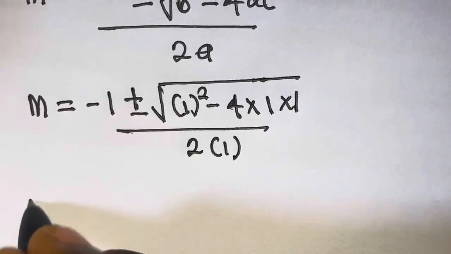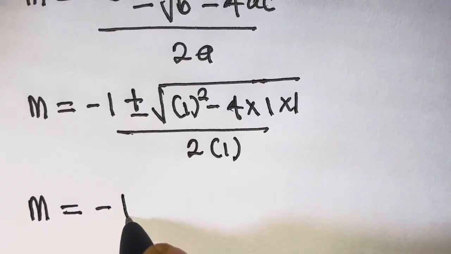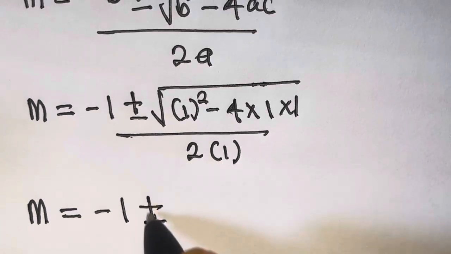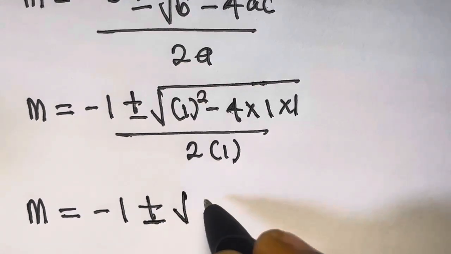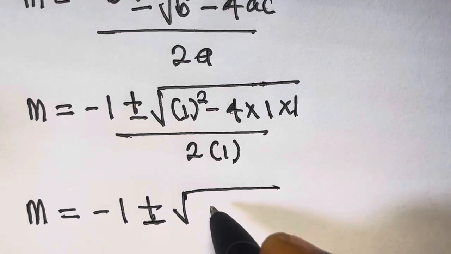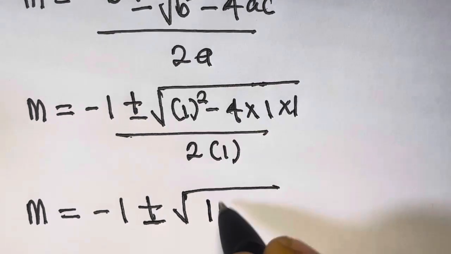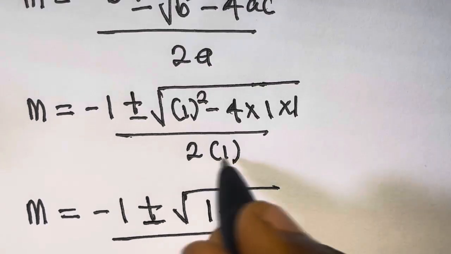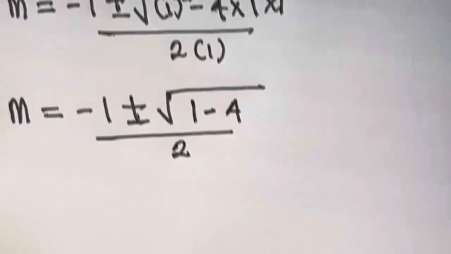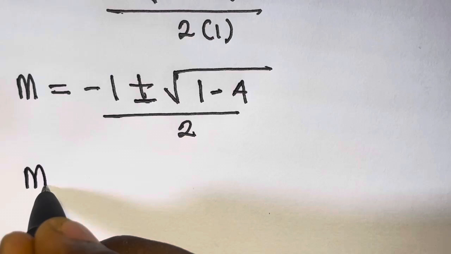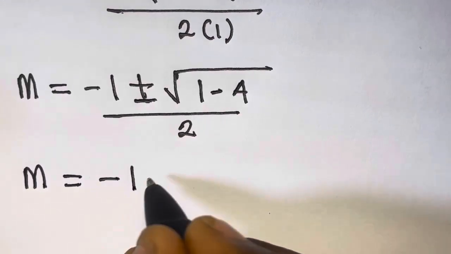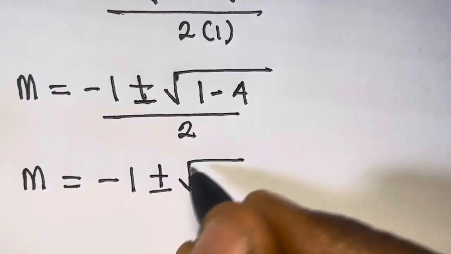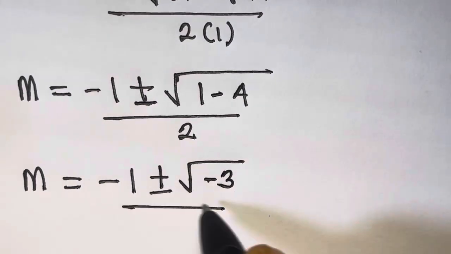Here we simplify: m equals minus 1 plus or minus square root of 1 minus 4 times 1, which is 4, divided by 2 times 1, which is 2. So m equals minus 1 plus or minus square root of 1 minus 4, that is minus 3, divided by 2.